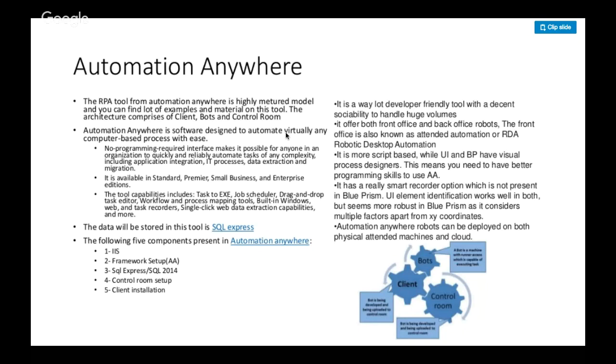Also, UiPath has license fees for each of its components, which can be quite expensive if you add them up. In the case of Automation Anywhere, if you're an enterprise, you may end up getting very good discounts. So it is one of the cheapest RPA tools in the market.